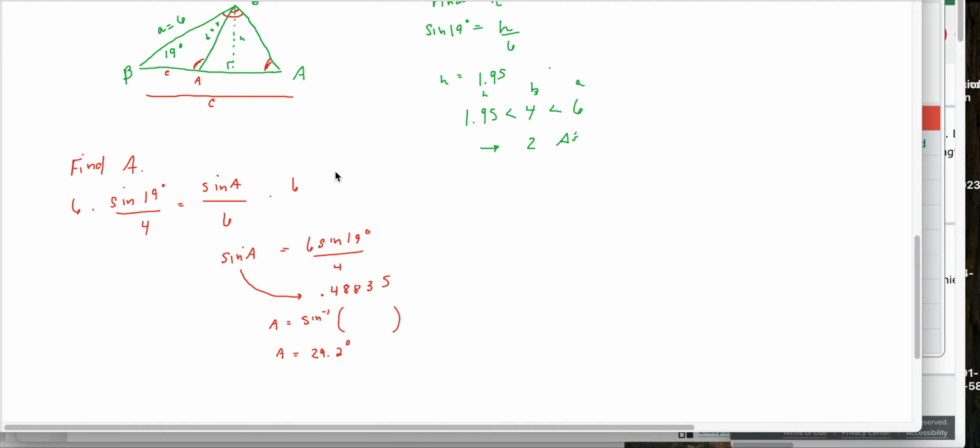Okay, so that would be the acute angle, which would be right here. To find this angle A, the obtuse angle, we would subtract from 180. So that would give me 150.8 degrees. So that would be, again, this one right here.